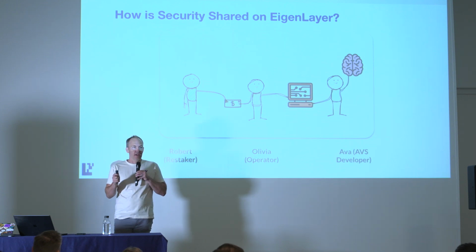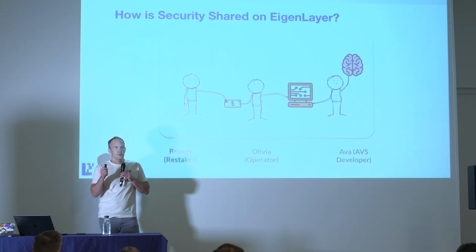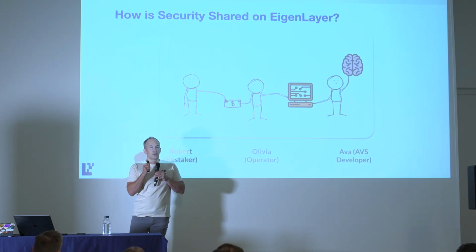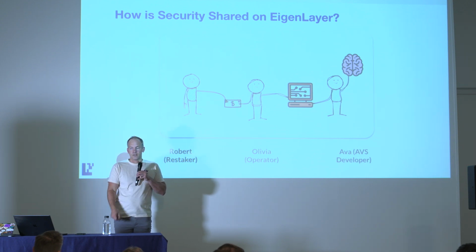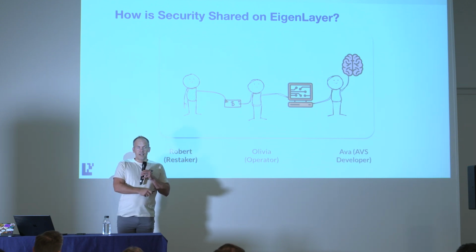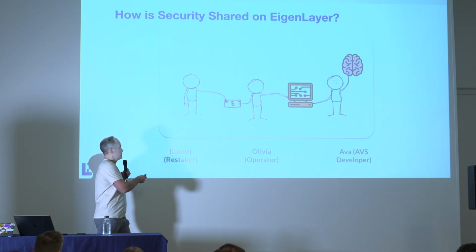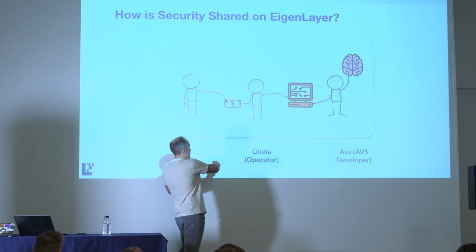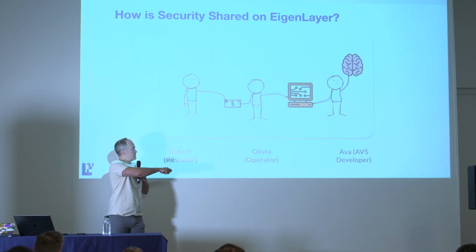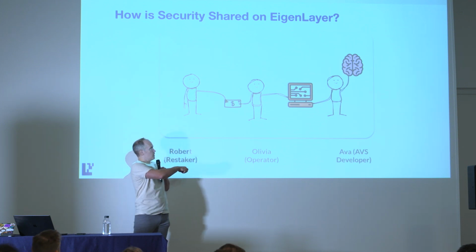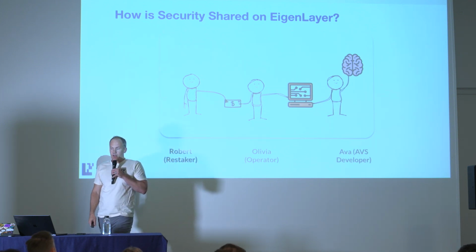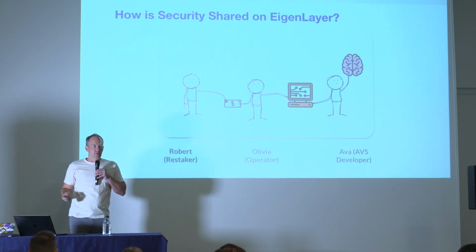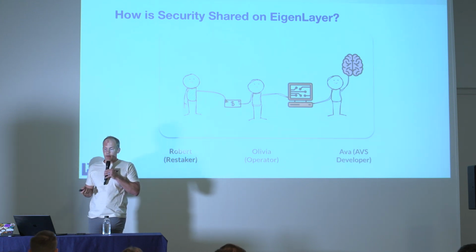Robert, the restaker, could be a person running an ETH validator, or someone bringing an LST like Lido or Frax. Robert is going to delegate all of that capital to the operator. So they're going to say, hey, I'm going to give you this capital. I'm going to give you ownership or delegation rights to this staked capital. The operator is then going to choose one or more AVSs to run.